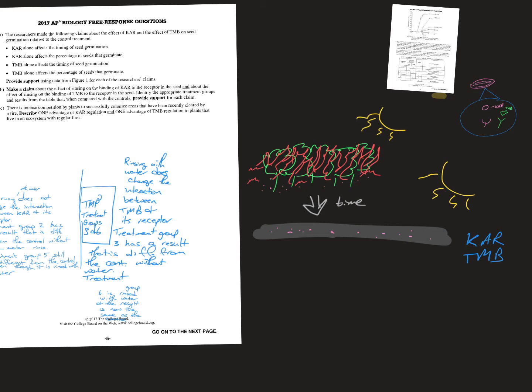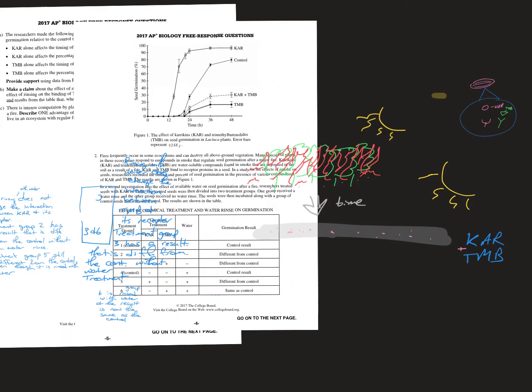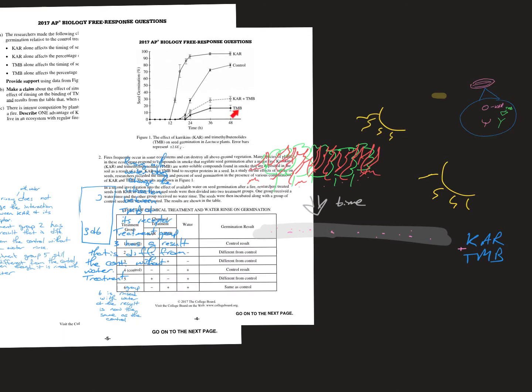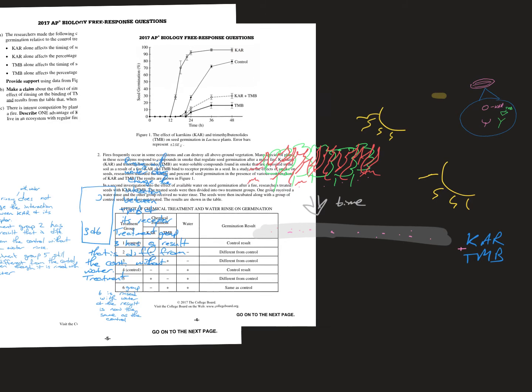It could work by some other mechanism, but whatever the reason, as long as both are present, you can look at the graph and see what happens when both are present. Whether it's just TMB or TMB and CAR, you're going to get massively decreased germination. Only a few of these seeds are going to germinate. Specifically, when both are present, about 25%, or a quarter, of these seeds, versus 90% when it's just CAR.